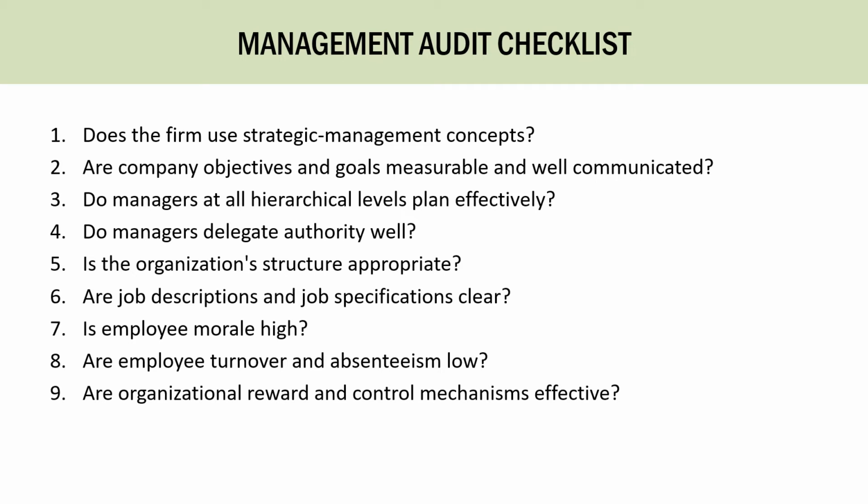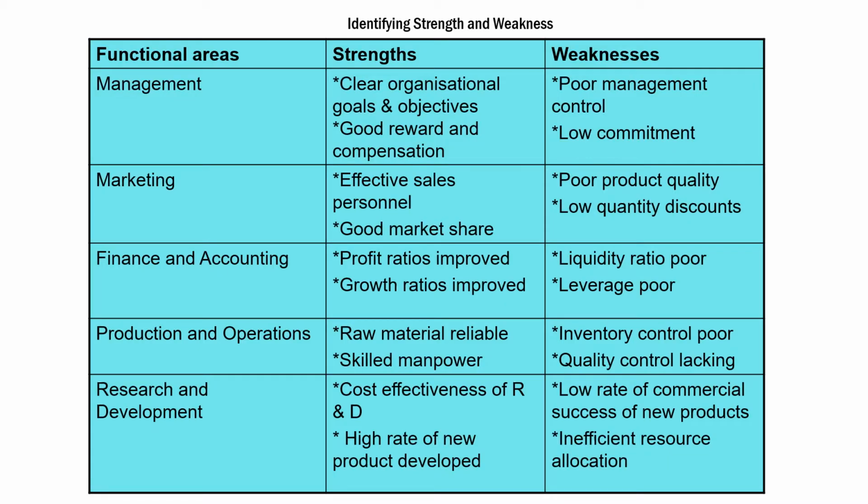Communication is important in any organization, and employees work effectively in a culture that has open or transparent communication between their management and staff. These are some examples of a firm's strengths and weaknesses based on the key functional areas.